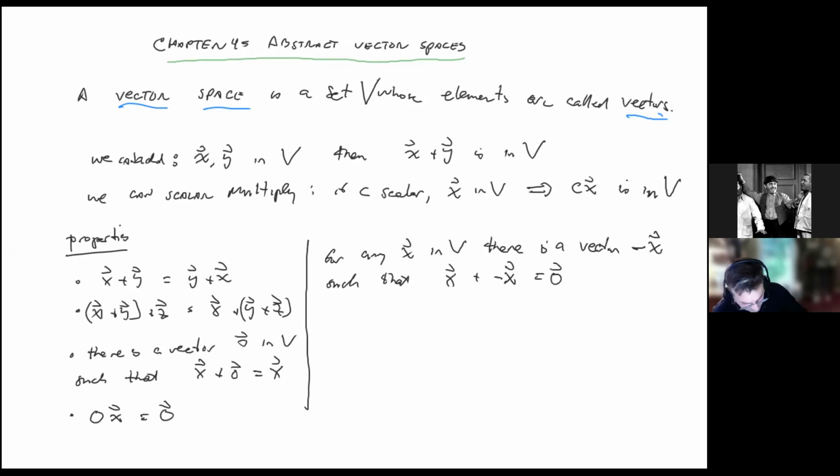In fact, we'll see that this minus X has to be minus 1, the scalar, times X. So it kind of falls out that way.